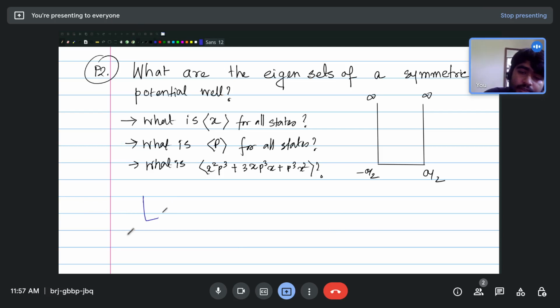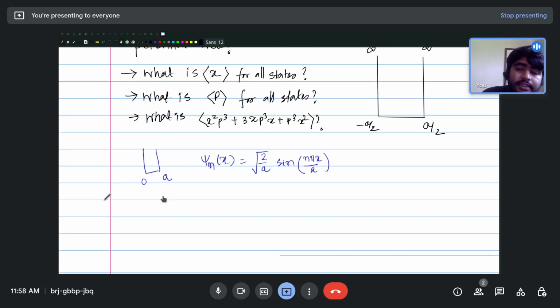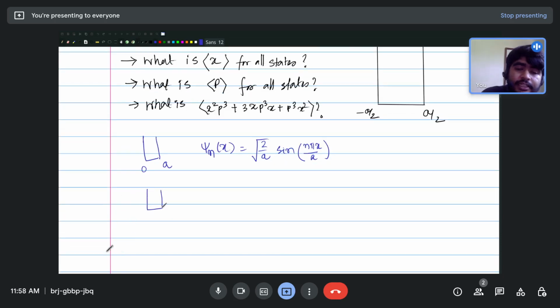For this, the solutions are the square root of 2 by a times sin(nπx/a). But if we change the reference and go from minus a by 2 to a by 2, then what is ψn? So my question is, what is ψn?